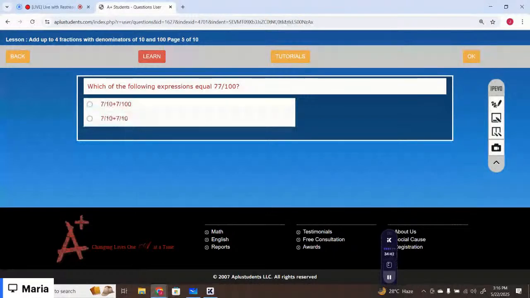Okay, next one is which of the following equals 77 over 100? Which is the correct option?